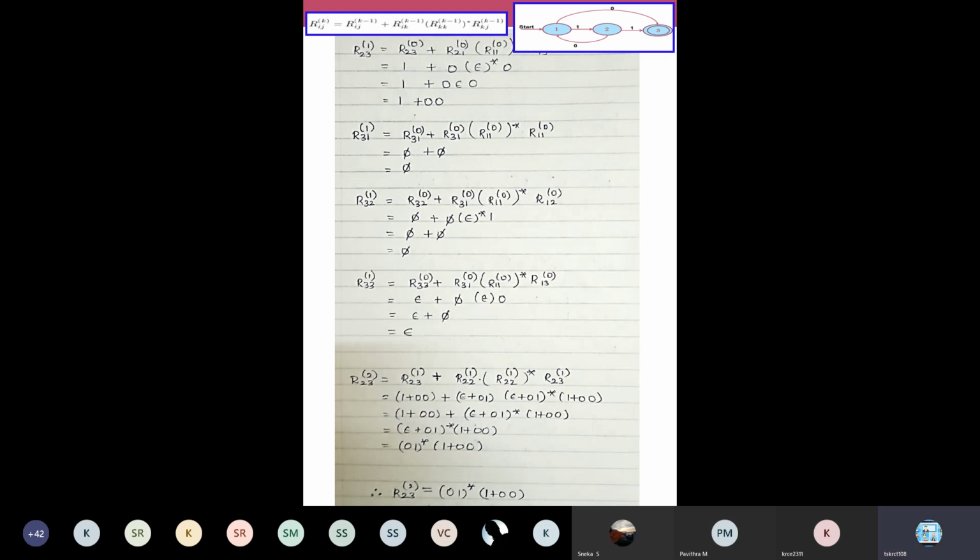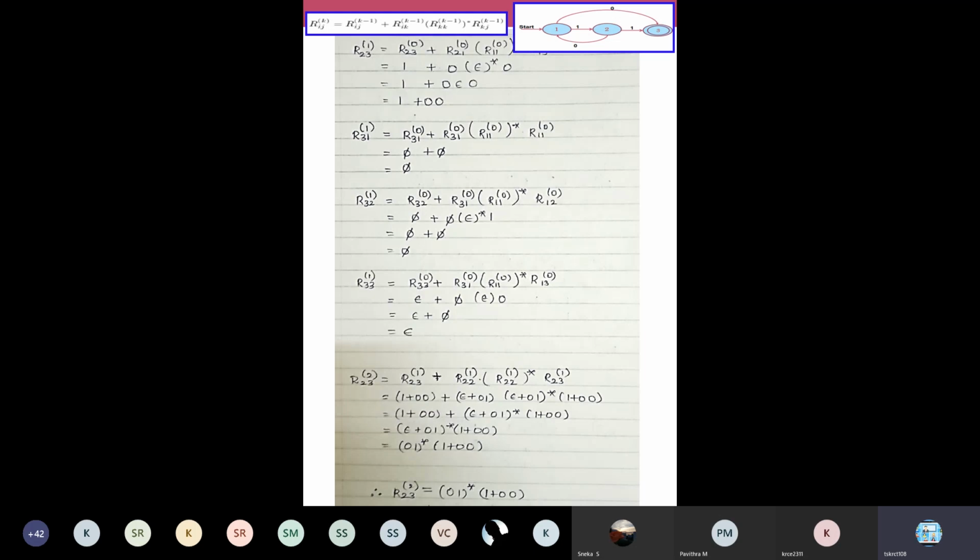So two problems we have done in this method. In the first problem we used two states, and we were asked to find the regular expression for the given DFA. To show you one more variation, I took this problem where you were asked to find a particular regular expression in level 2. In that case, you find all the values in the previous levels.